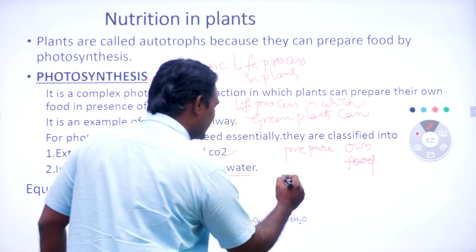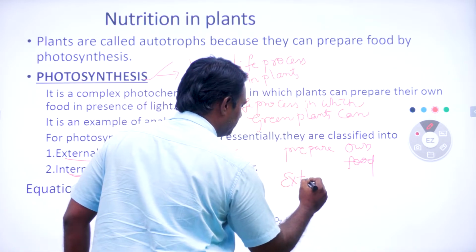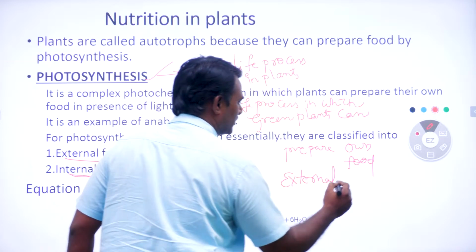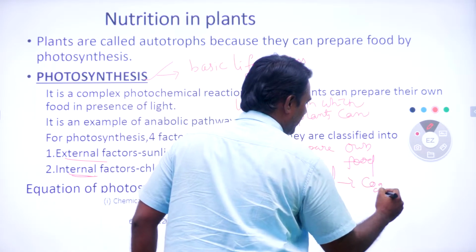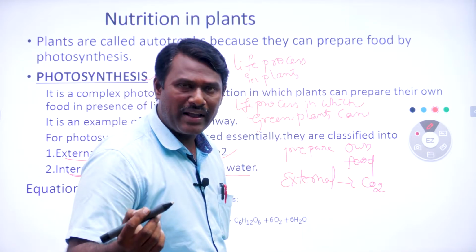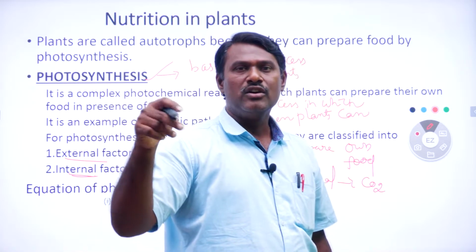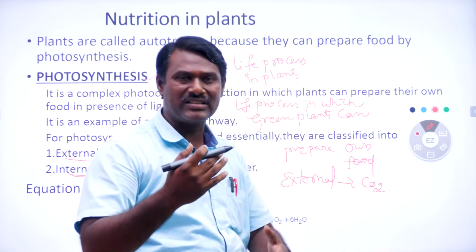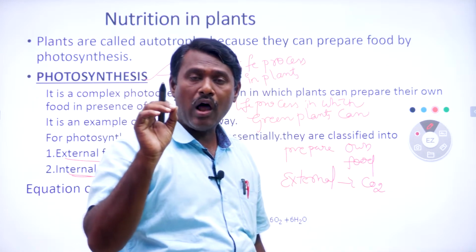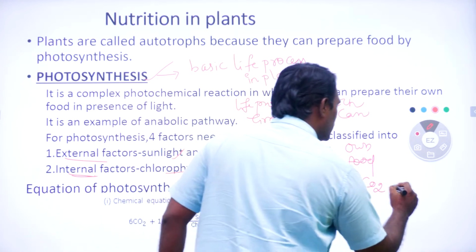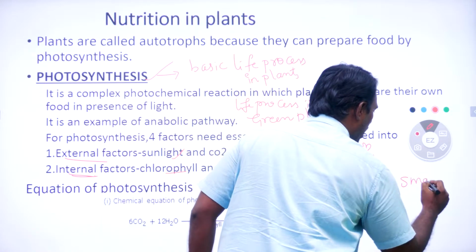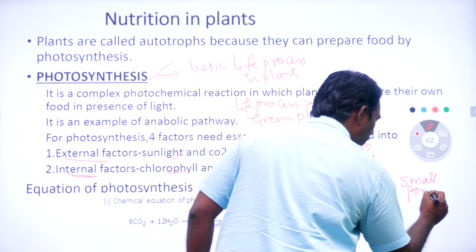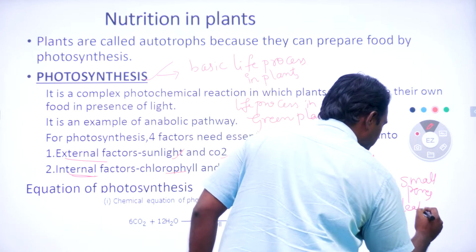First of all, the external factors. The first one is carbon dioxide. Carbon dioxide is taken by the plants through small holes or small pores present in the leaf.